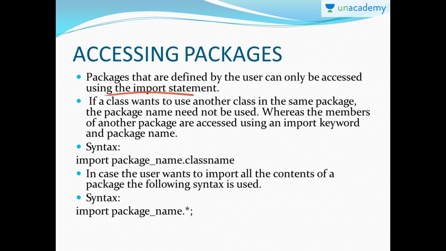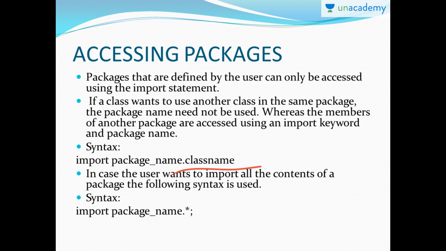But that is if only a particular class is to be accessed; we write import package name dot class name. But in some situations a class wants to access the entire package, that is all the members of the package, even the interfaces and the classes both.